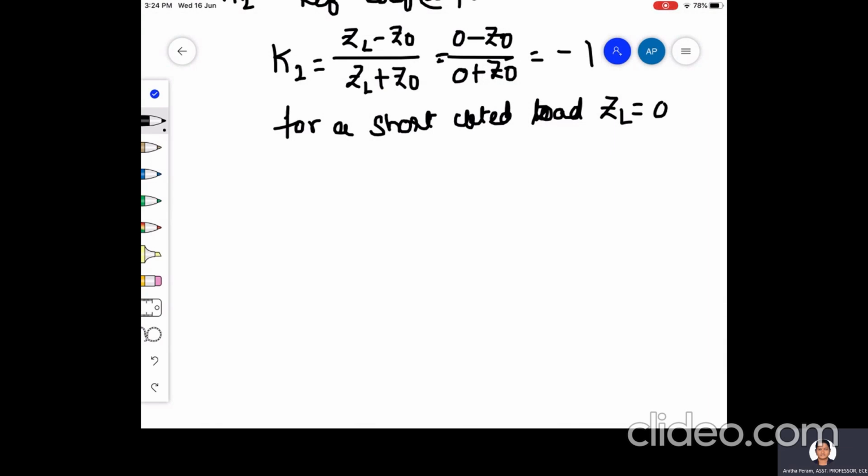So now we'll determine K1, which is S11 plus S12 square.